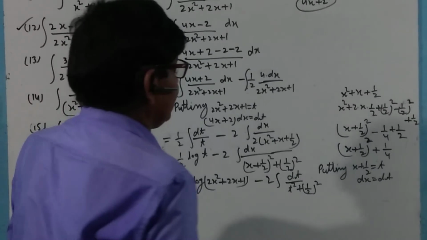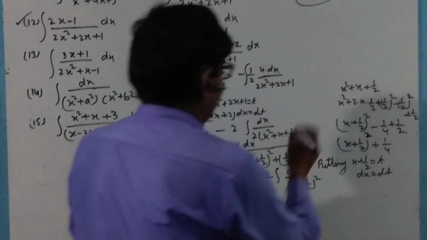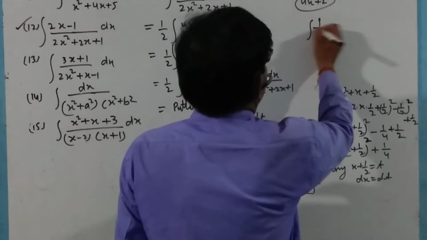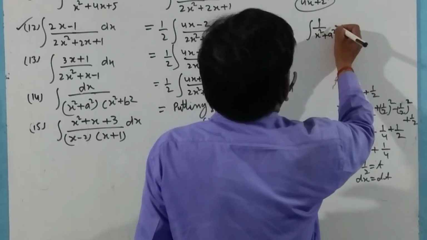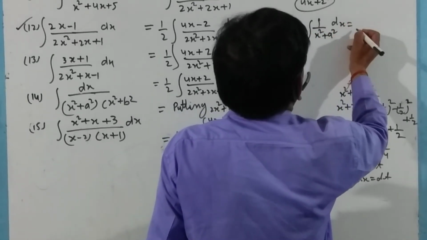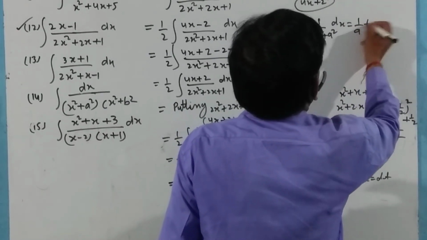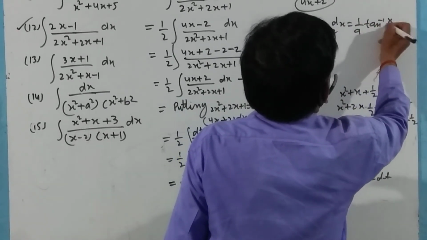Now as you know, integration of 1 by (x² + a²) dx equal to 1 by a tan inverse x by a.